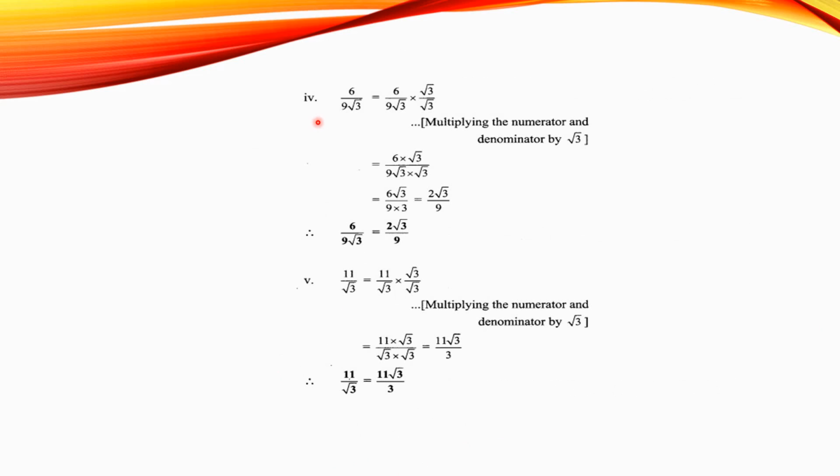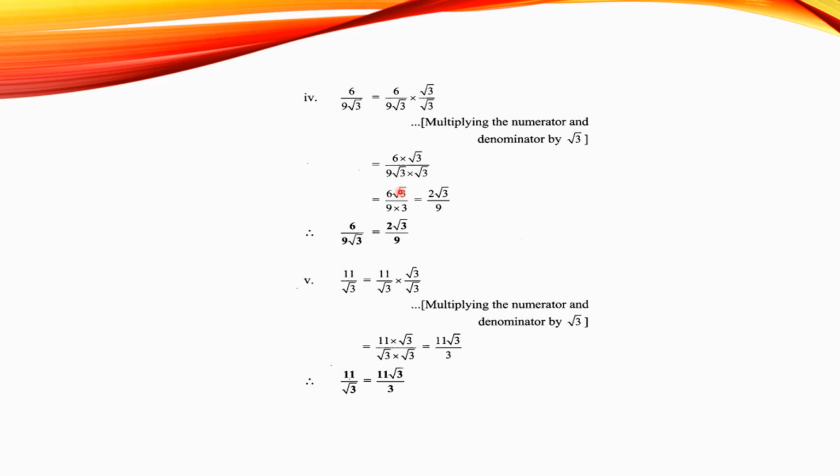Fourth question is 6 upon 9 root 3. So here 6 and 9 are multiples of 3. Along with that root 3 is there. So multiplying numerator and denominator by root 3, we get 6 root 3 upon 9 multiplied by root 3 multiplied by root 3.